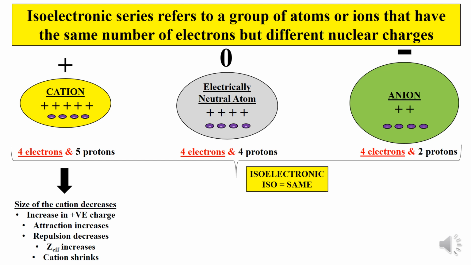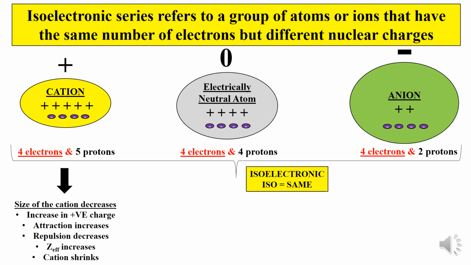So it is not that there is no repulsion. Repulsion is there, but the magnitude of attraction dominates over the repulsion because the number of positive charges is greater than the number of negatively charged electrons present in the ion. And as a result, the cation shrinks in size due to the increase in the effective nuclear charge.